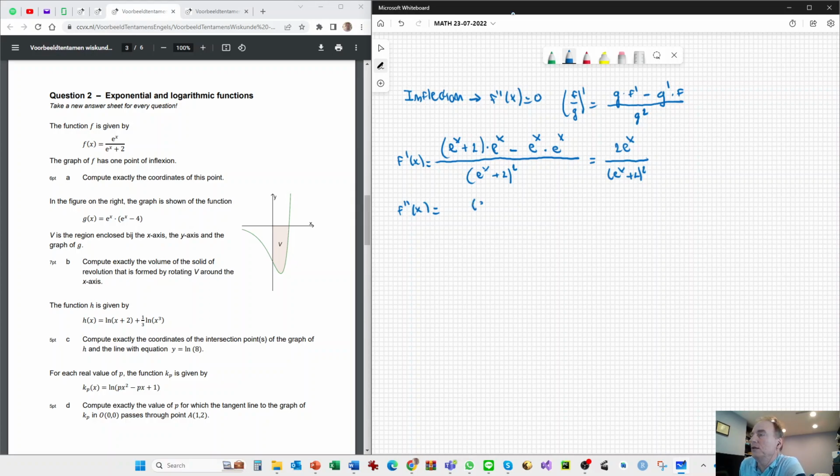We get (e to the power x plus 2) squared times 2 e to the power x, since that's just the derivative of f, and minus the derivative of the denominator, which is 2 times (e to the power x plus 2) times the derivative of the inner function.